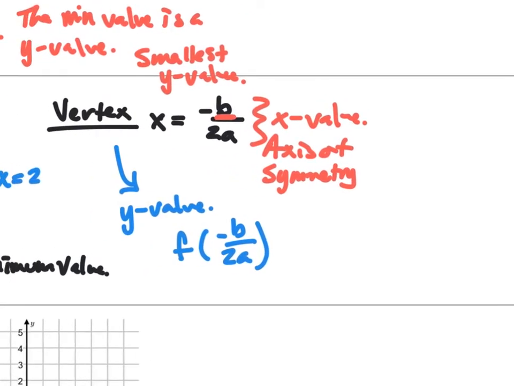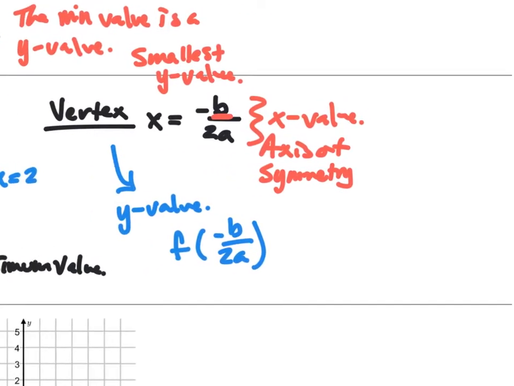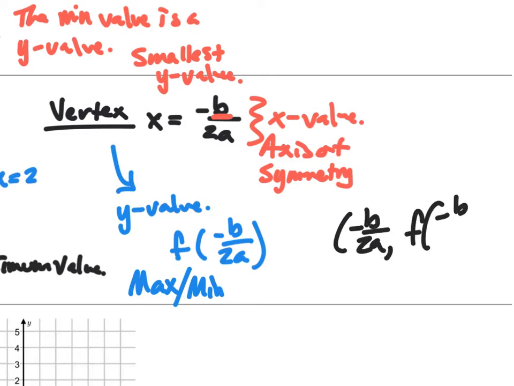So our vertex will give us our max or min value. Now, if I put the x and y values together, then the vertex is opposite b over 2a, comma, the function evaluated at opposite b over 2a. A lot of weird stuff that we're talking about, but that's the idea.